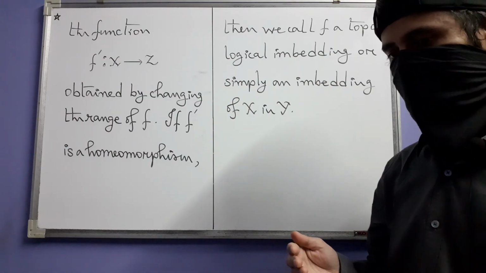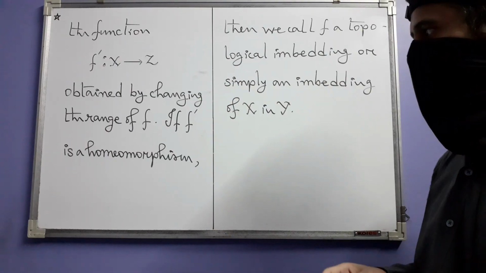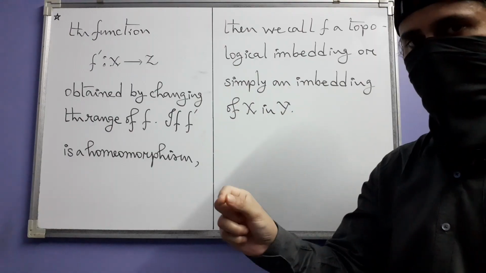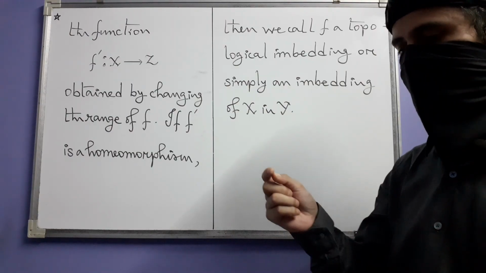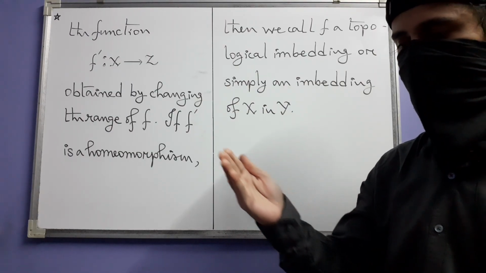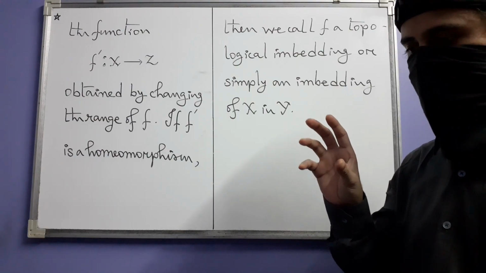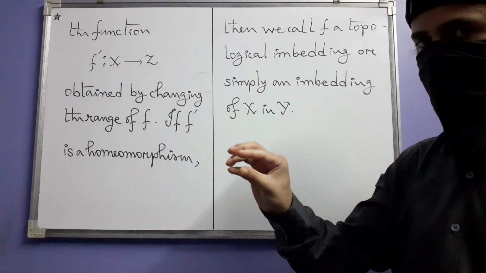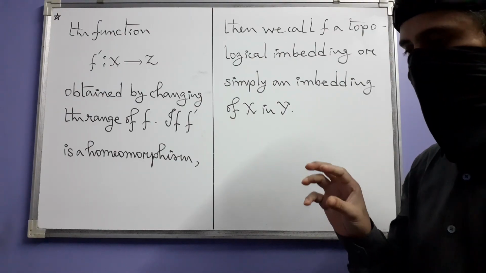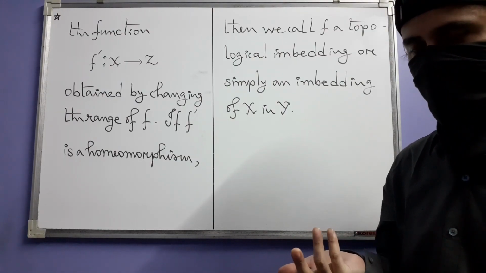It is somewhat like, again, what you have in algebra. Say there are two groups G1 and G2, and there is an injective function, a one-to-one function from G1 into G2. Then if you replace G2 with the image of G1 under that function, it becomes a bijective function.